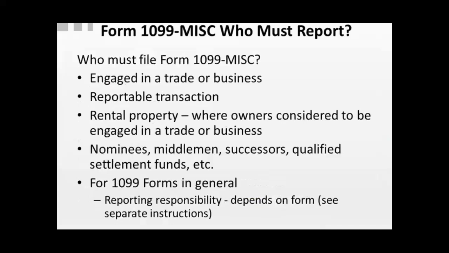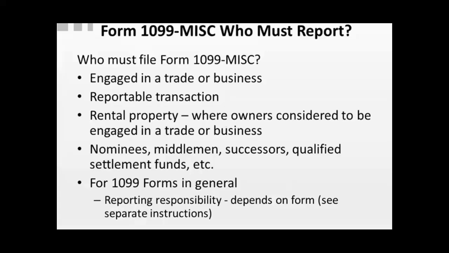So the organizations that are engaged in a trade or business have a reportable transaction. For rental property, it's going to be where the owners are considered to be engaged in a trade or business rather than simply an inactive passive activity or actively involved in a passive activity, renting property.